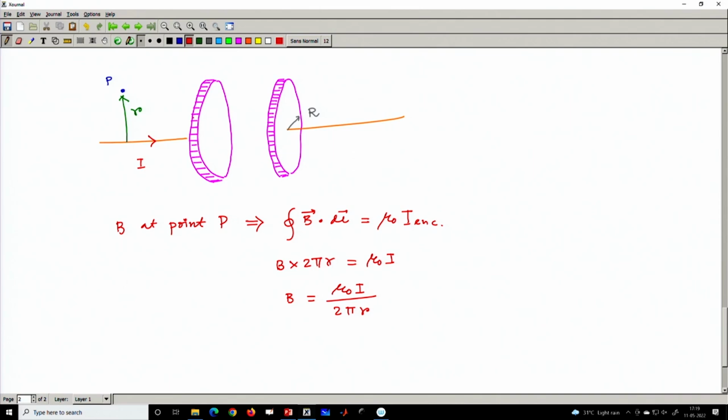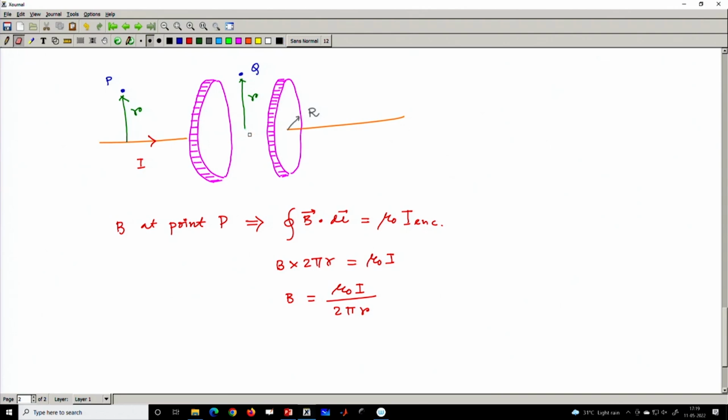Now, I want to find the magnetic field in between this region, at distance r, and let us define a point Q here.